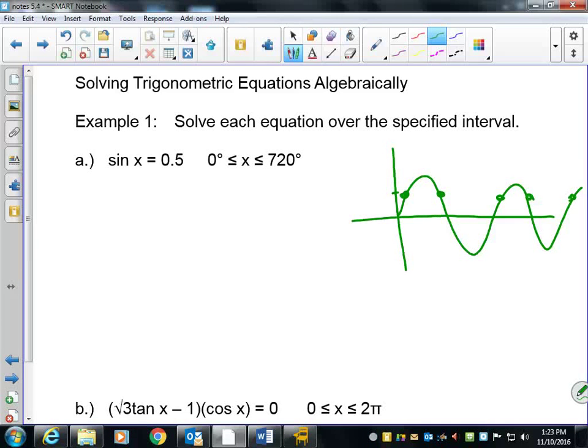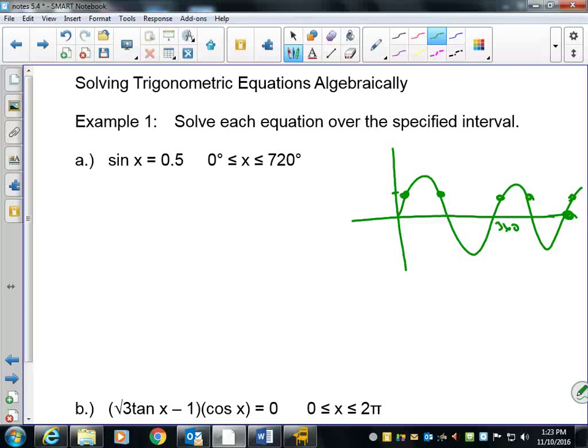Halfway through, and if we're going to 720, one cycle is 360. So 2 cycles. So how many answers am I going to end up having? 1, 2, 3, 4 answers, right?